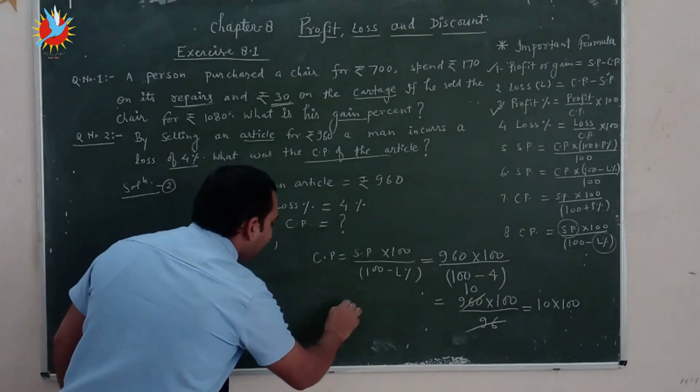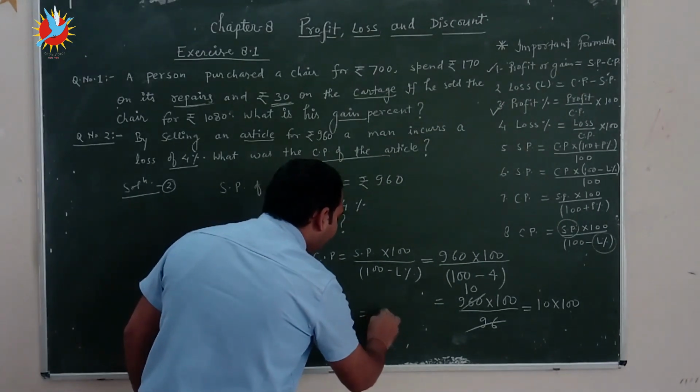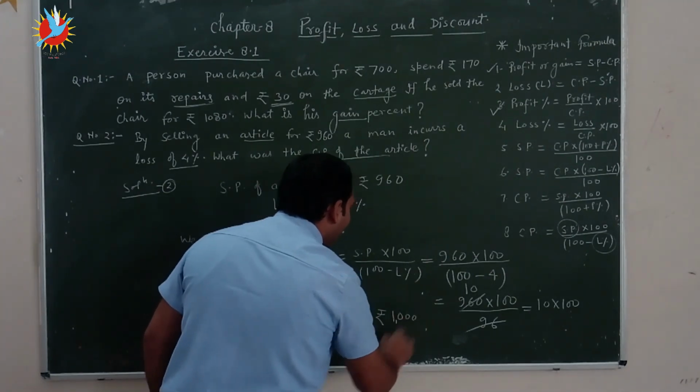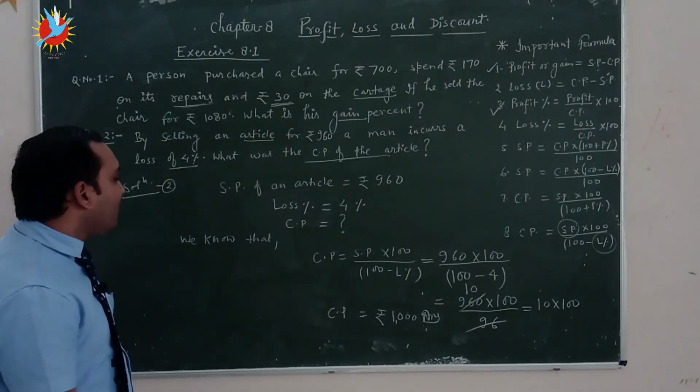This is the cost price of the object, that is rupees 1000. So this is the answer.